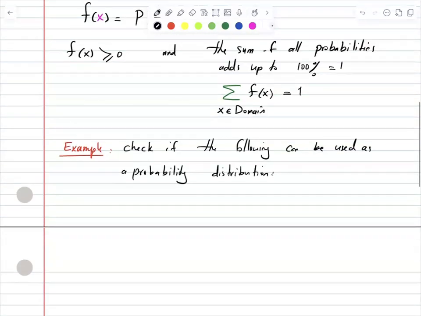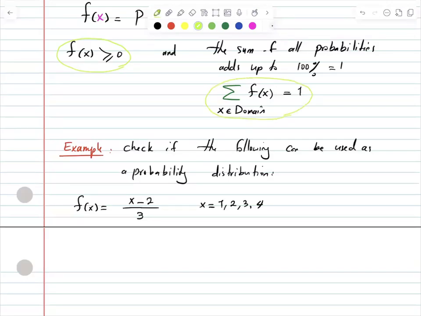For example, suppose we have function f of x, which is given to us as x minus 2 divided by 3, and x is equal to 1, 2, 3, and 4. Take a look. Remember that we have two conditions to check. First of all, the function must be positive, or in the worst case scenario, must be equal to 0. And then the summation of all of those for each of these x values must be equal to 1.